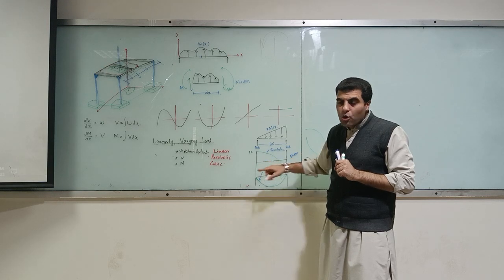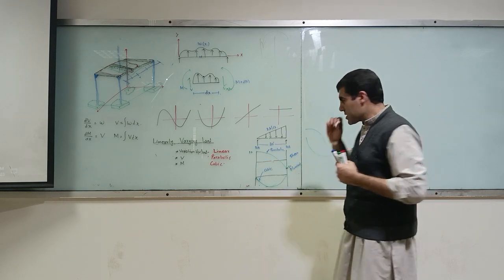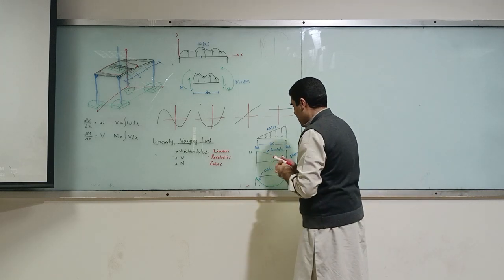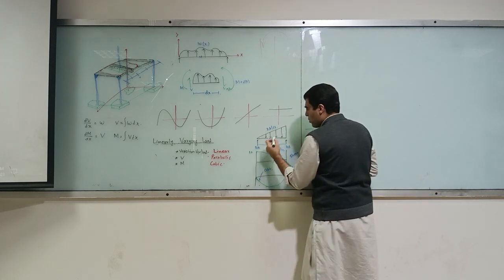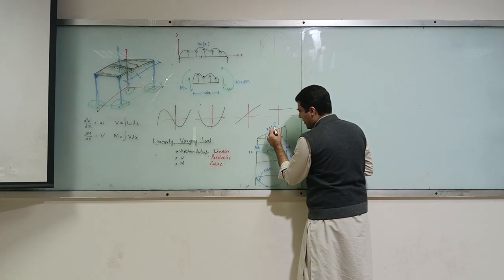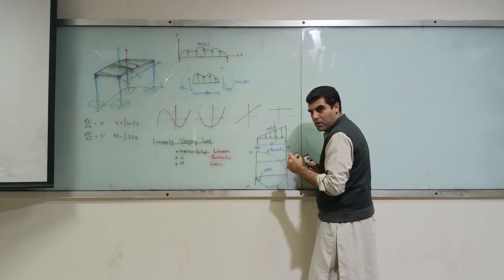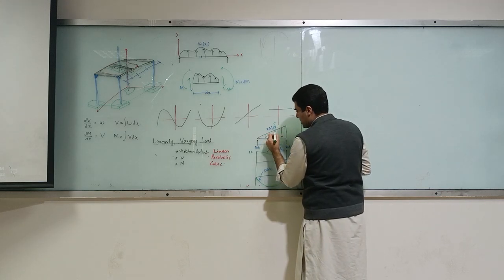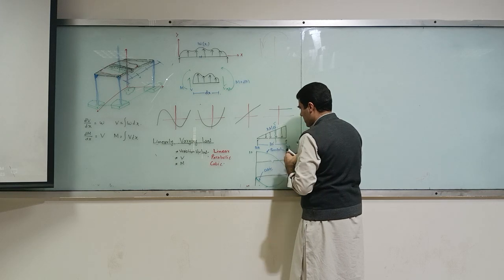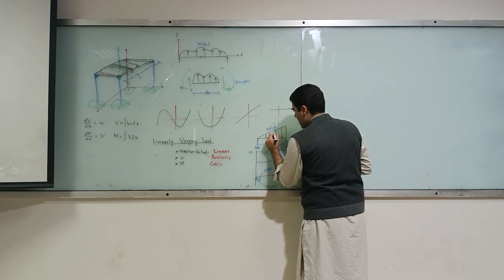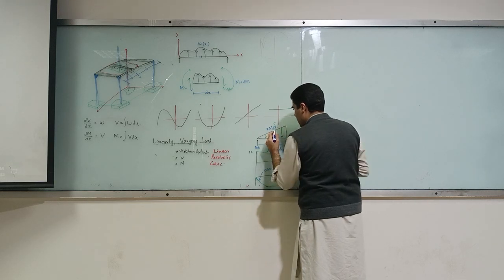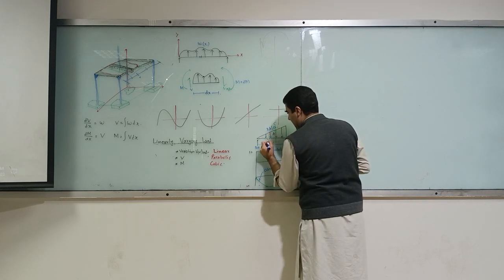So we have to resort to first principles, which is we have to find out what shear is at a particular point and equate that to zero. So in other words, this is my y. I assume at a distance x.